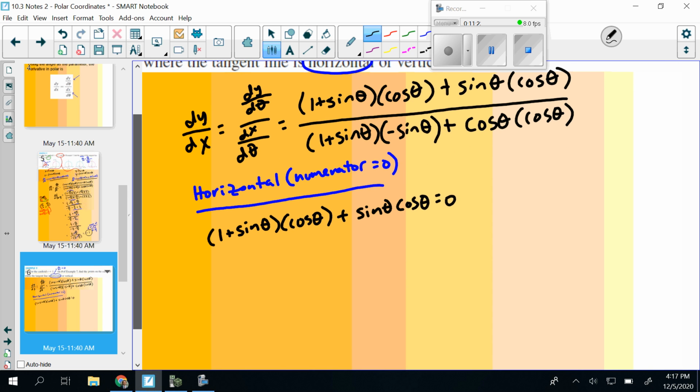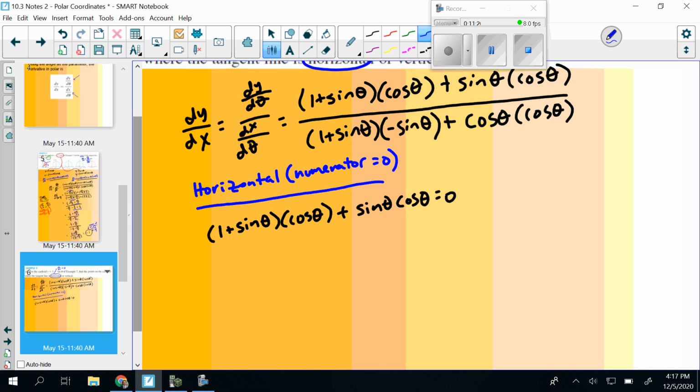First thing I notice, both of these do have a cosine here. So let's see if we can factor out that cosine to start with. So I'm going to factor that out, cosine theta. What would be left then is 1 plus sine theta from that first term plus another sine theta from that second term equal to 0.